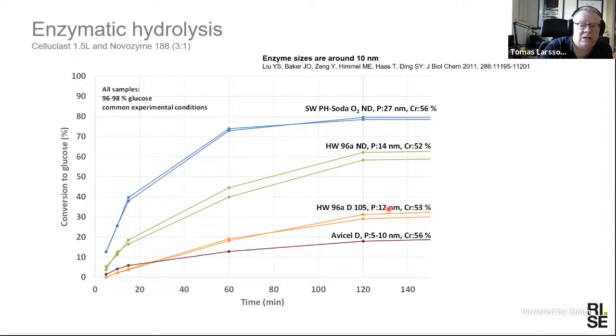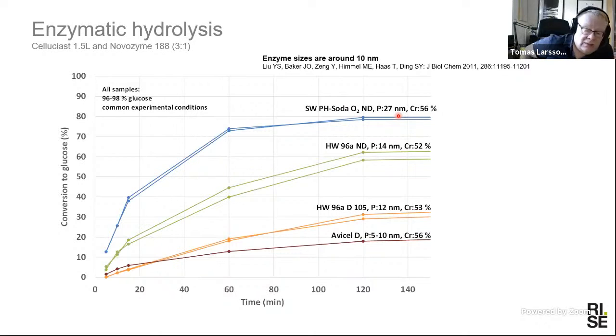We increase the pore size slightly and it goes up, and then we do it even more and so on. And eventually, with this designed or tailored or adapted pulp, where we try to get the pore sizes as large as possible, we can increase both the initial reactivity and the overall reactivity significantly.